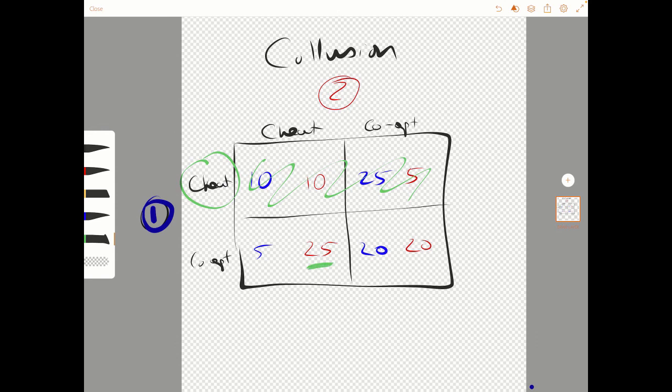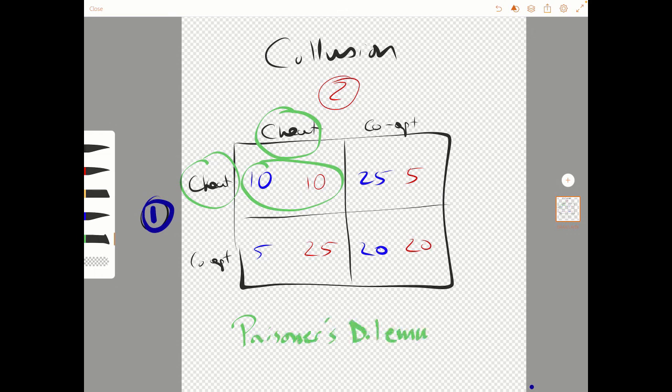If firm 1 cooperates, firm 2 should cheat because 25 is bigger than 20. So firm 2 has the incentive to cheat, which puts us in this box, which is clearly worse than if they cooperate, but that's the incentive.